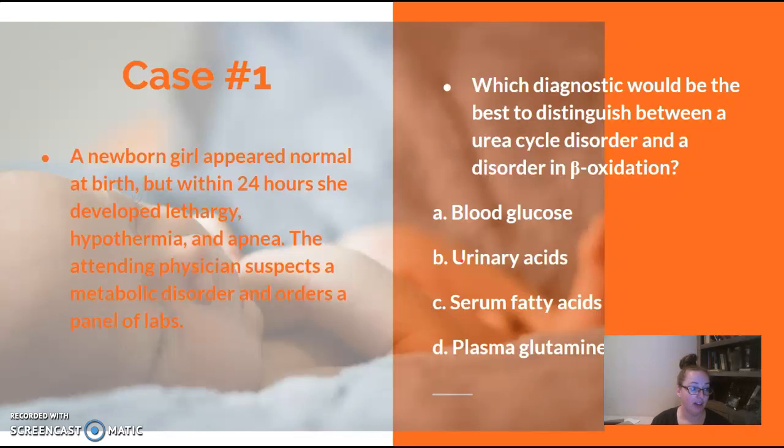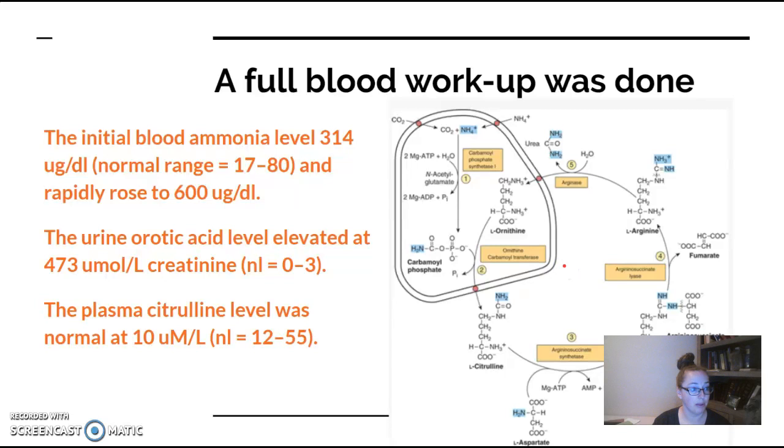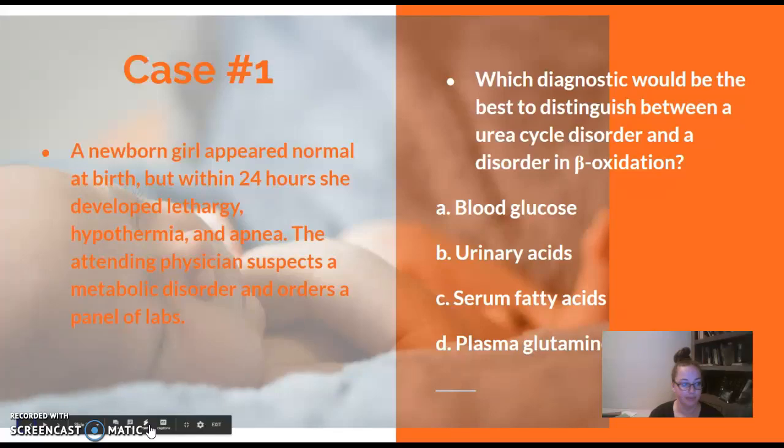The type of urinary acids could specify a problem with beta oxidation or the urea cycle. So if she had increased uric acid or orotic acid, that would point to a problem with the urea cycle.